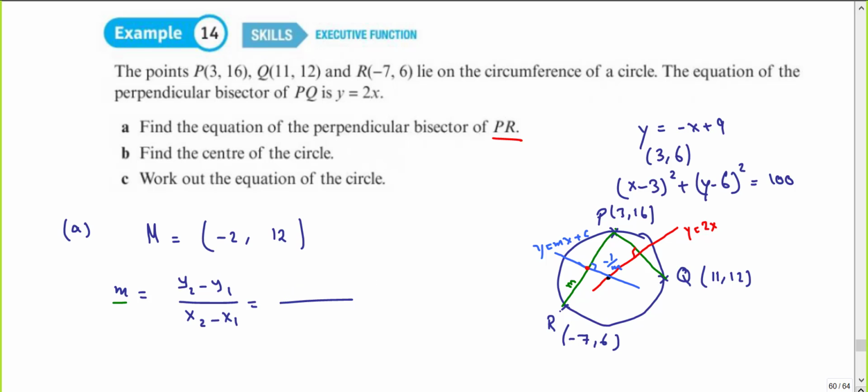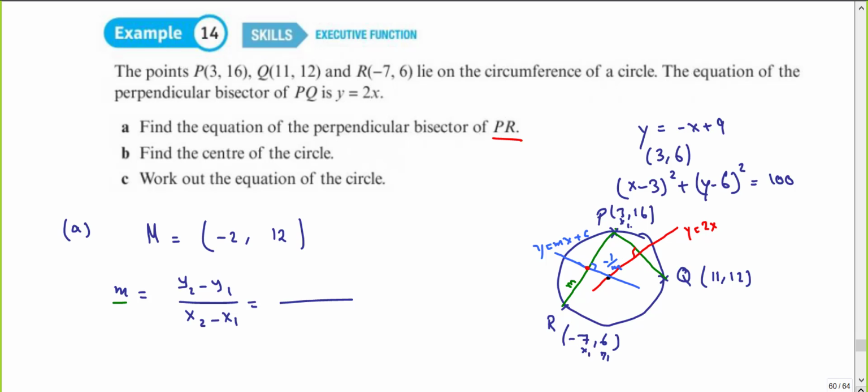Substitute. You have PR, 2 points. Just substitute. Okay, so 3 and 16, and then minus 7 and 6. If this is x1, y1, this is x2, y2.